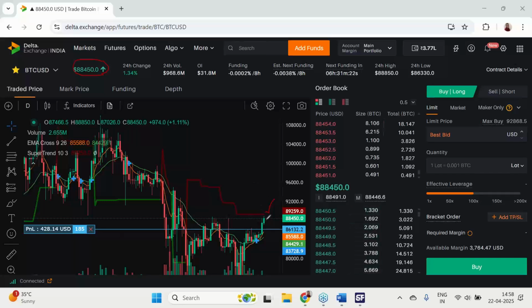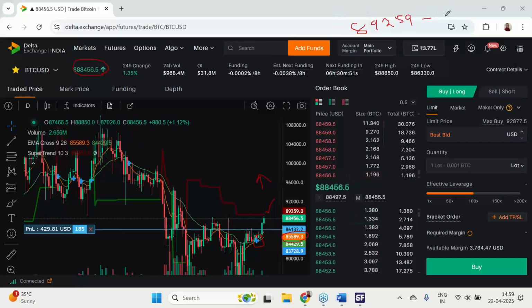As per the easiest analysis, the super trend says that if the price crosses 89,259, then the price will go up. And if we fail to hold that, then it has to fall down to 85,588, which is your EMA crossover point. So these are the two trend points we are getting.